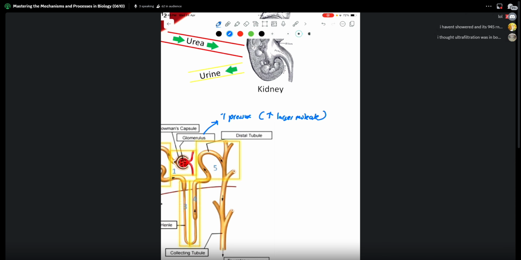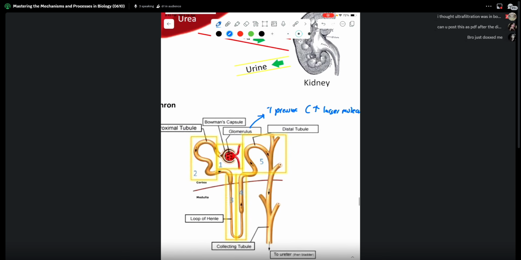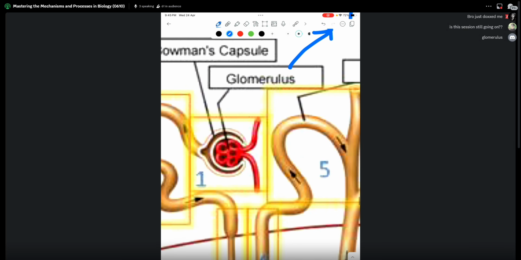Ultrafiltration happens in the glomerulus first. Because the glomerulus has a lot of pores, in order for that to penetrate into the Bowman's capsule, it has to undergo the filtration first.